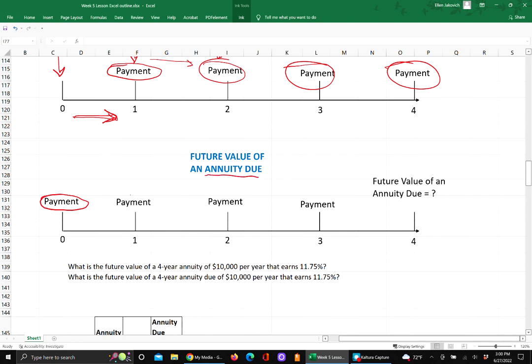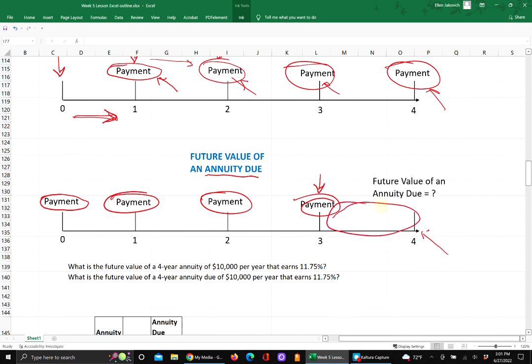So the same 4 payments as up here, 1, 2, 3, 4, but shifted back to the beginning of the period, and there isn't one here because this is the beginning of this period. So you still have the same amount of payments and the same amount of periods, but just the timing of the payment is different.